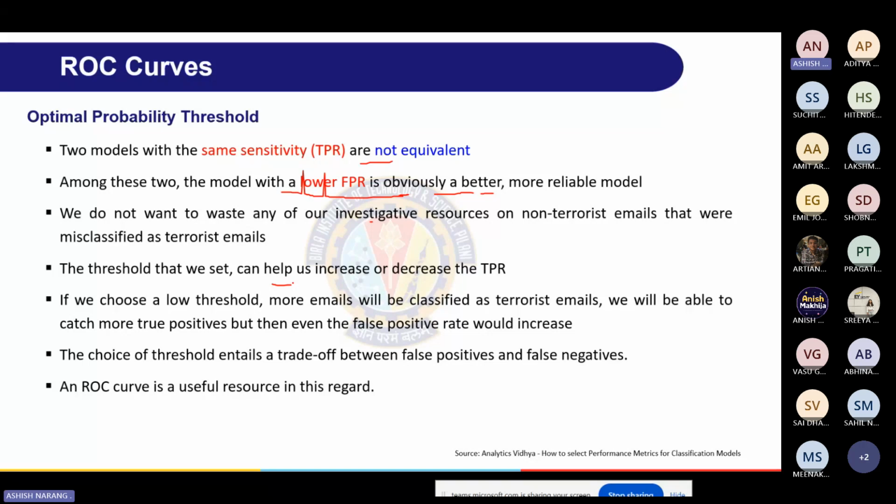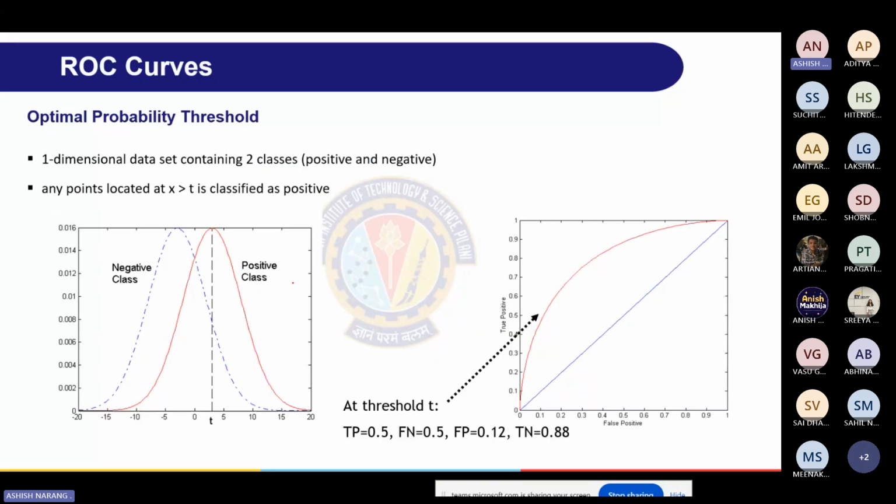So there is a trade-off between these two: you are about to catch all the true positives, but at the same time, you are increasing the false positives also. So the ROC curve helps you figure out what your true positive rate should be and what your false positive rate should be, right?